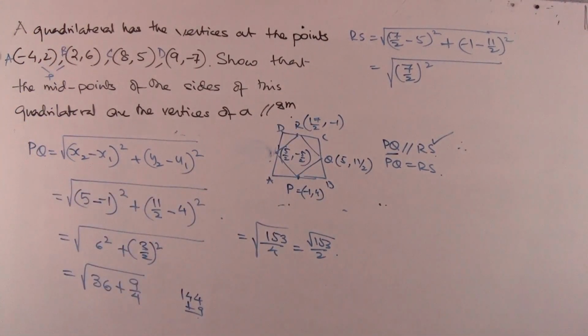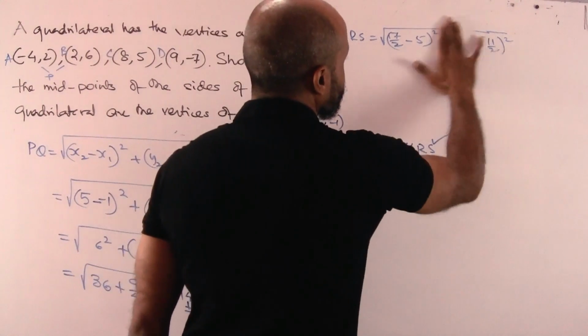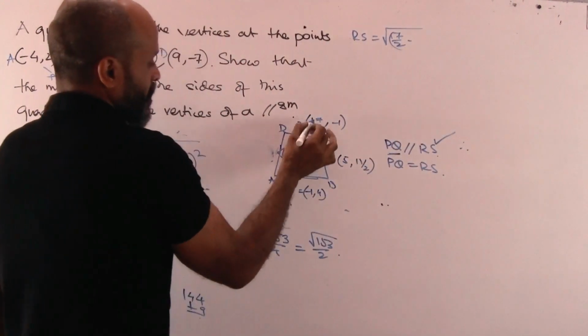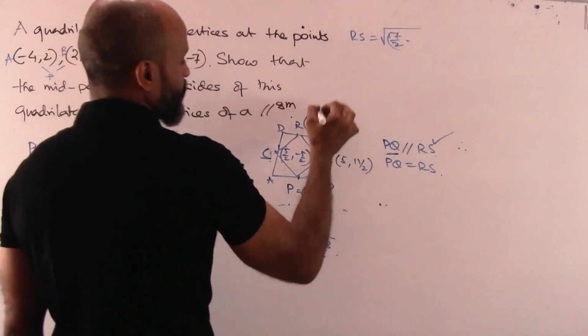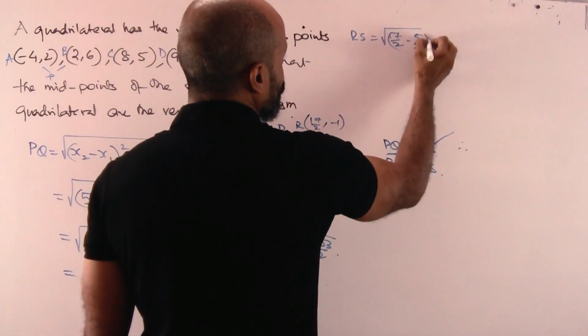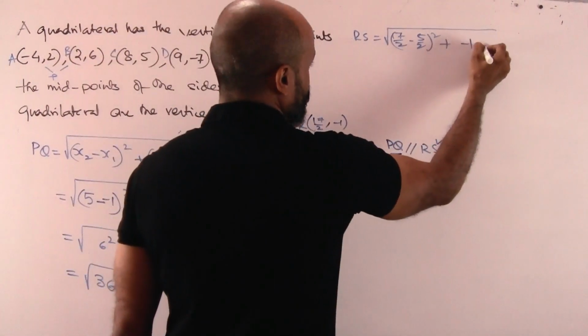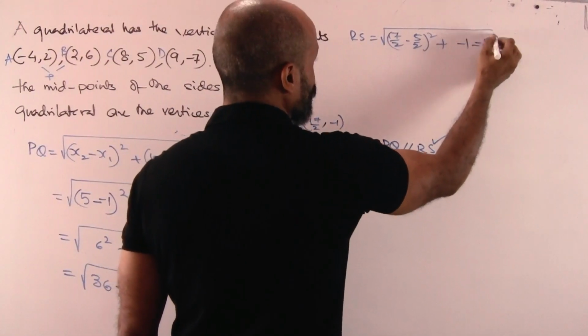I am going wrong. RS, this is S basically. 17/2 minus 5/2 square plus minus 1 minus 5/2 square.